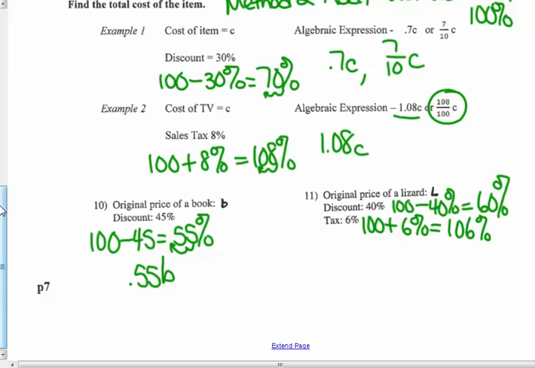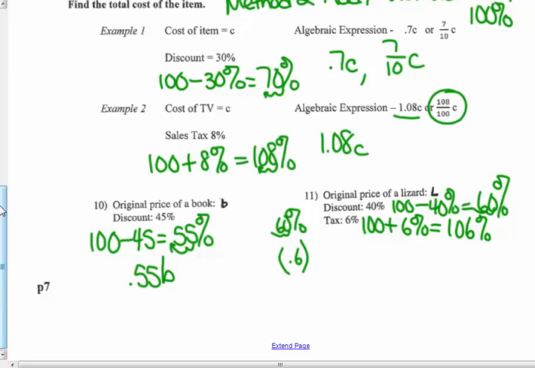So in one step, my lizard is going to cost me, change my percent to a decimal, the 60% becomes 6/10 or 60 hundredths.